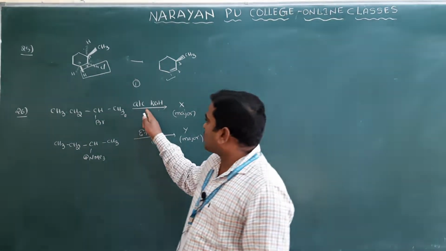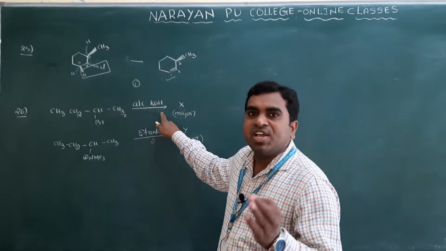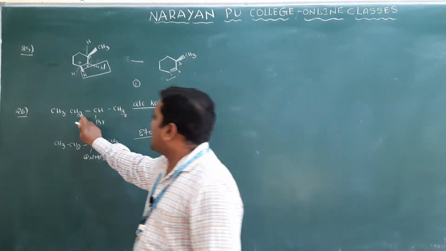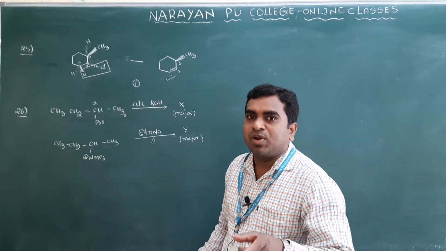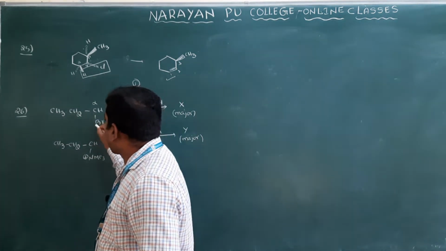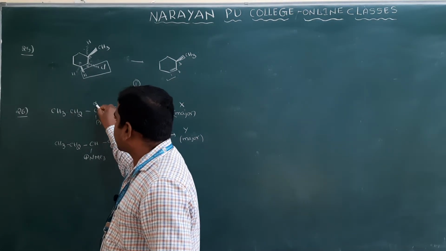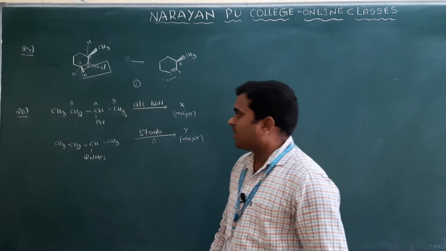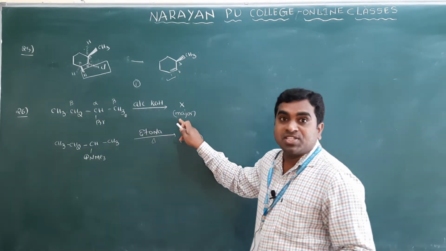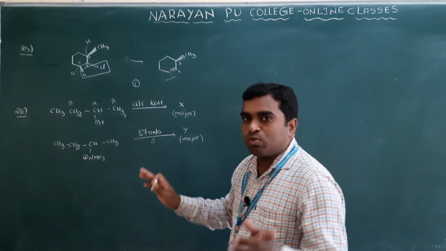Elimination always takes place from the beta hydrogen. So the bromine-attached carbon we call alpha, and this is beta and this is beta. But they are asking for the major product, and we have two possibilities.